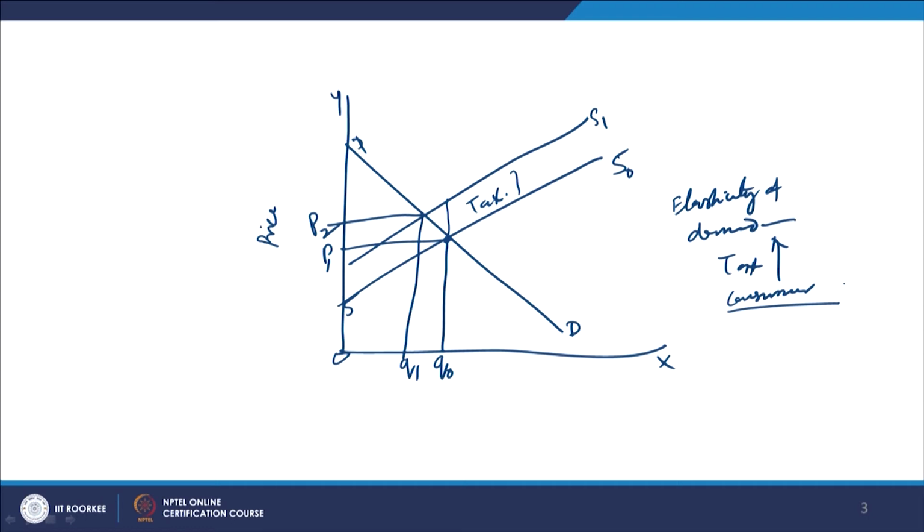But if the elasticity of demand is more elastic, then what happens is that if the company tries to shift the pollution tax to consumers by raising the price, demand will come down drastically. When demand comes down, it will also affect the revenue position of the company.